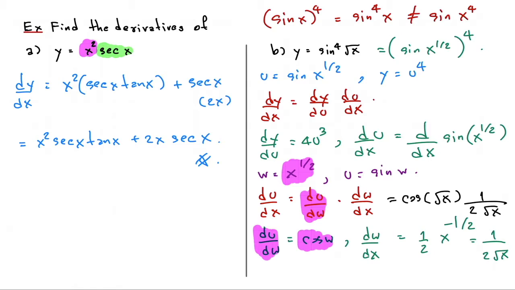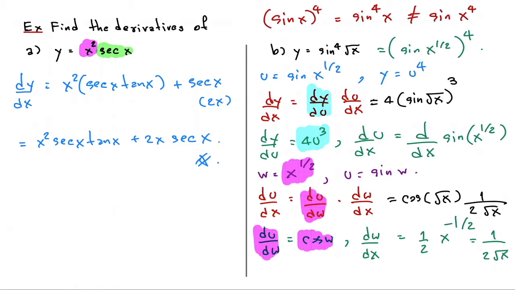So again, what do we have here? dy by du is 4u cubed. So what is u? u is sin of square root of x, cubed.